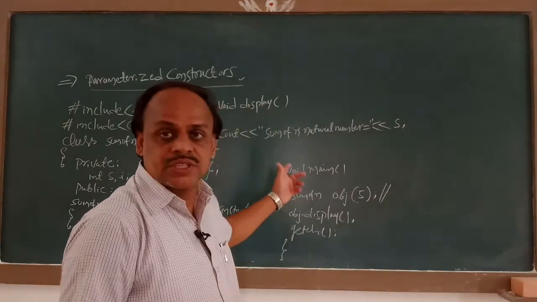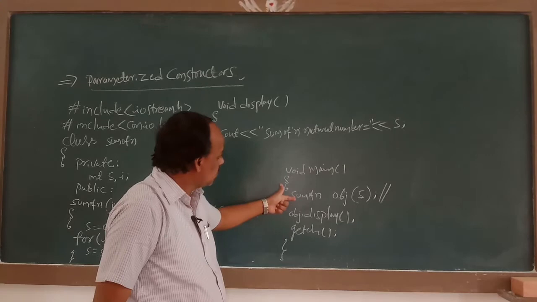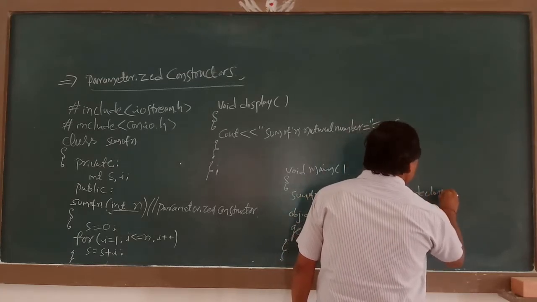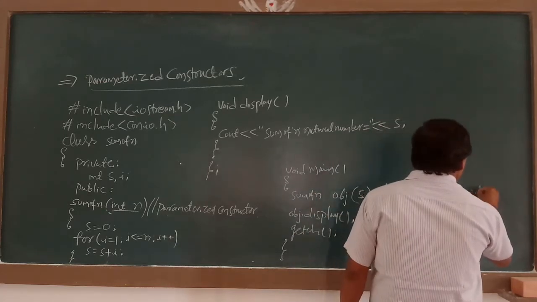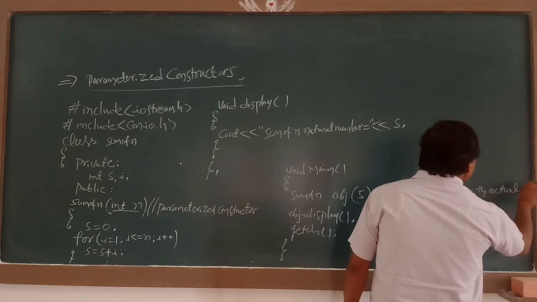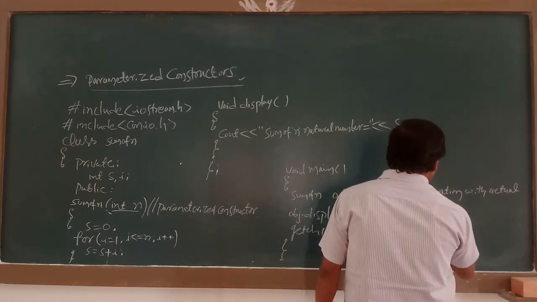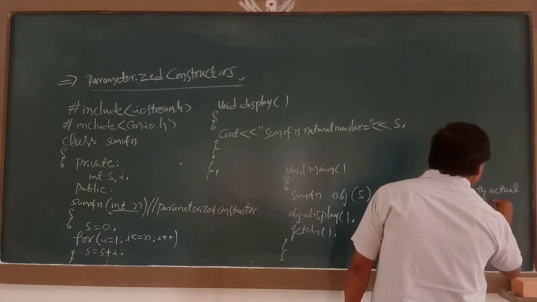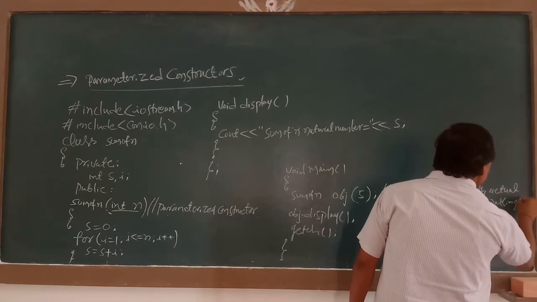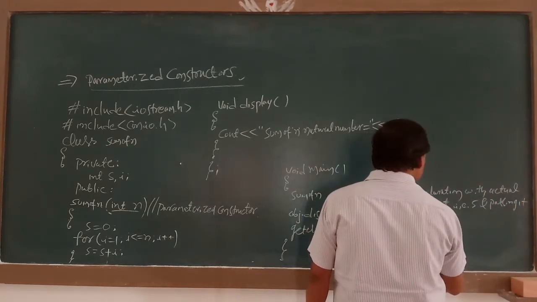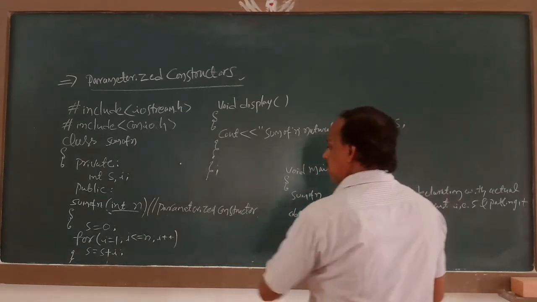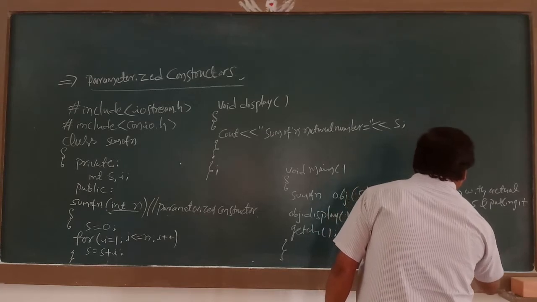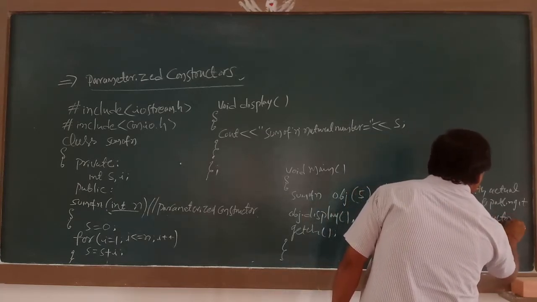Execution starts from the main function. So here this is the object declaration with the actual argument, that is 5, and passing it to the parameterized constructor, right?